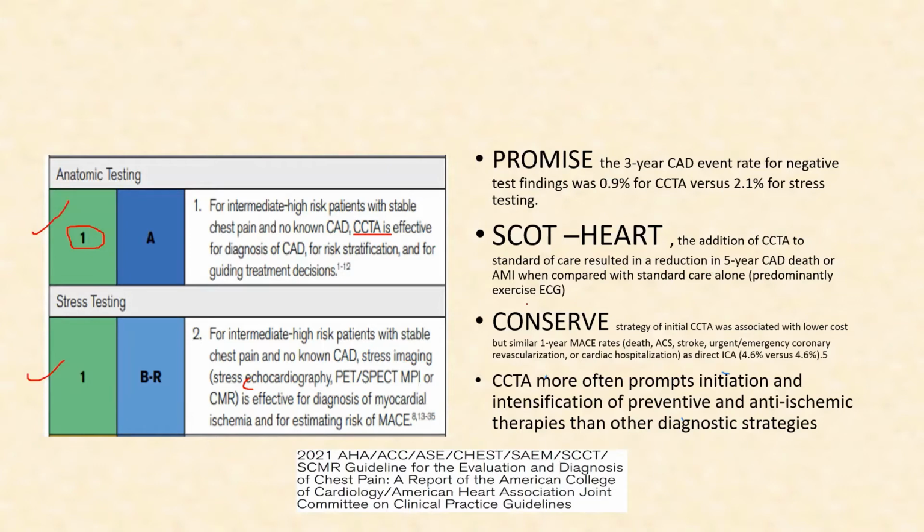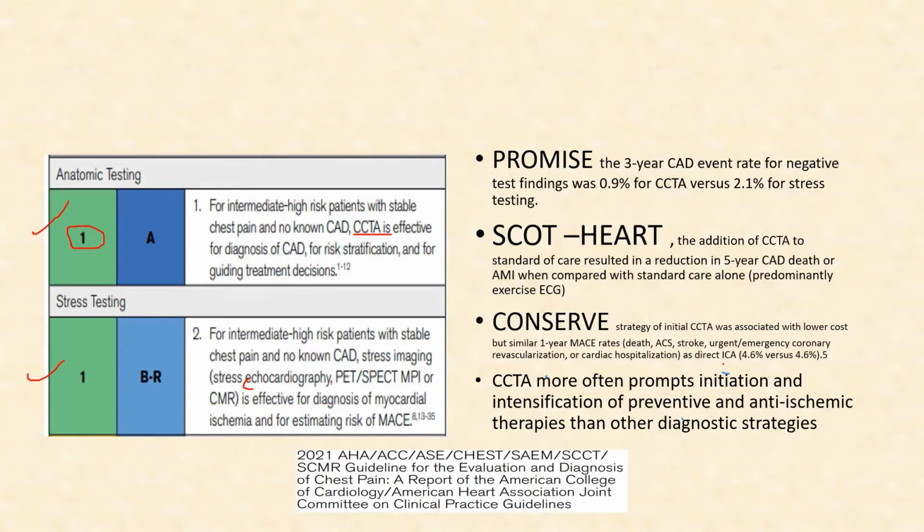Now we are talking about cardiac CT that might add a mortality value, a hard outcome value, compared to the other stress testing. In CONSERVE, the strategy of initial cardiac CT was associated with lower cost, but similar 1-year MACE rate as direct invasive coronary angiogram.